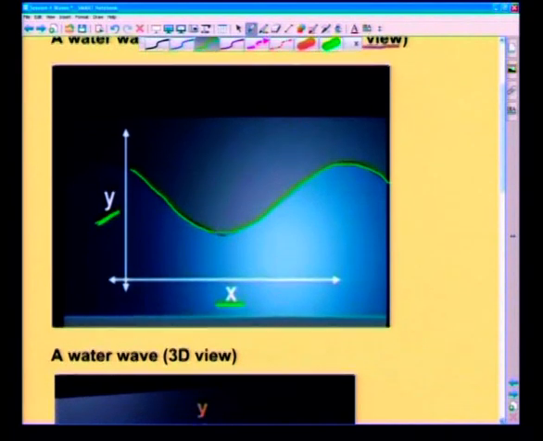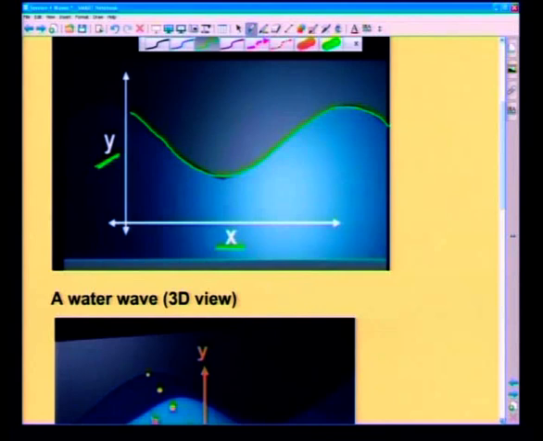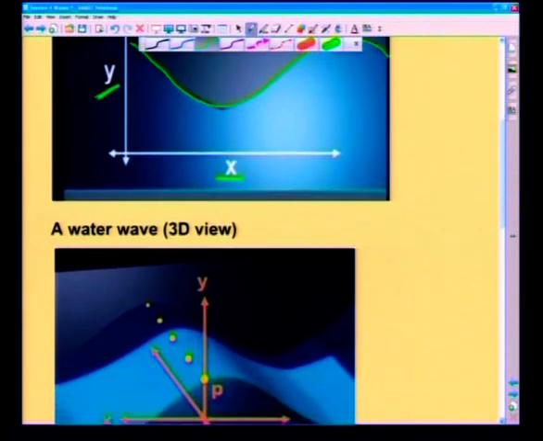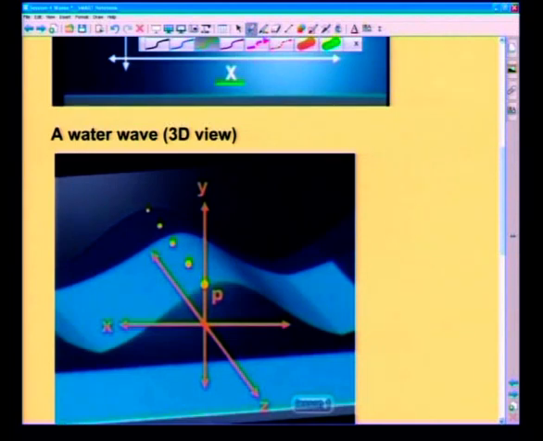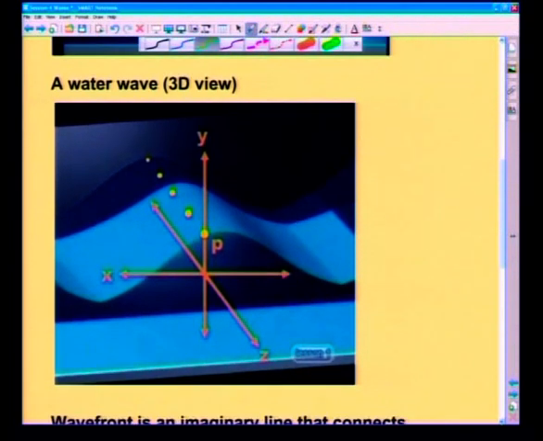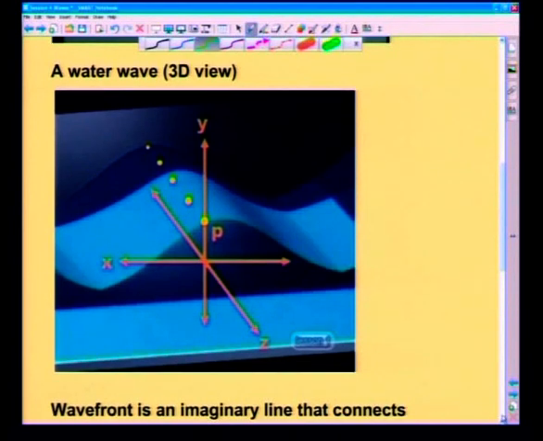But if you look at this wave not from the side, but in such a way that you are able to see the 3D version of the wave, so we're now talking about the three-dimensional view of the wave, you will have both the Y and the X as we started.